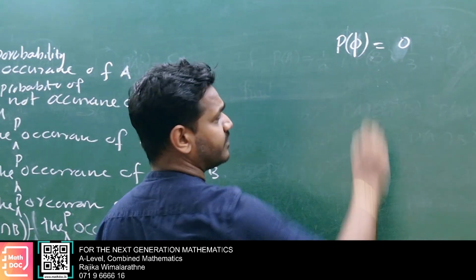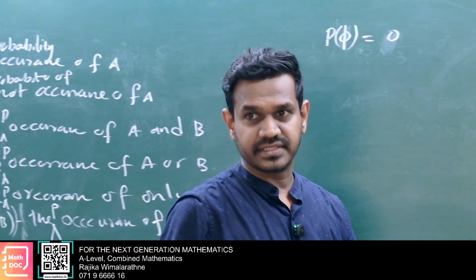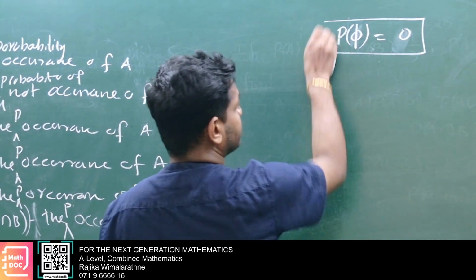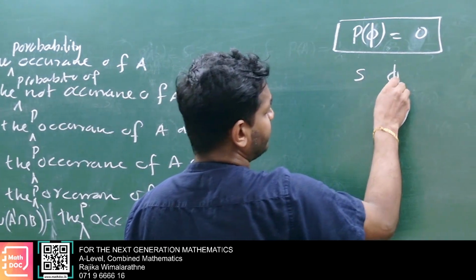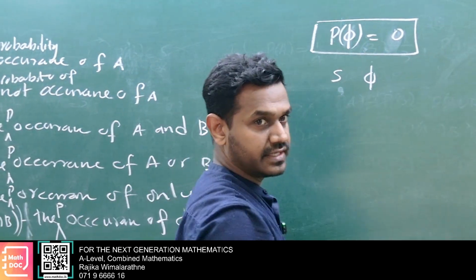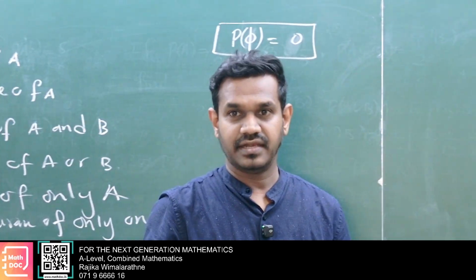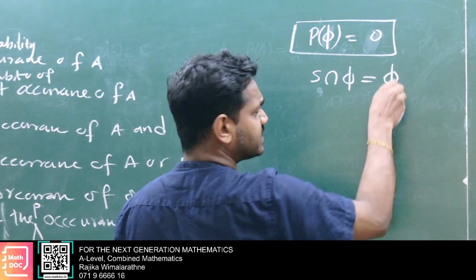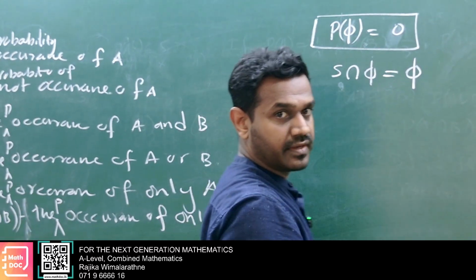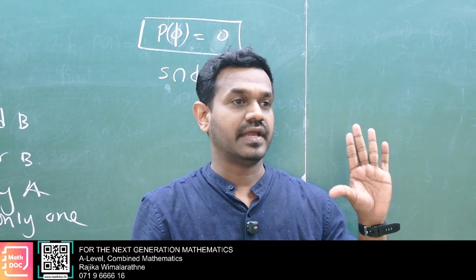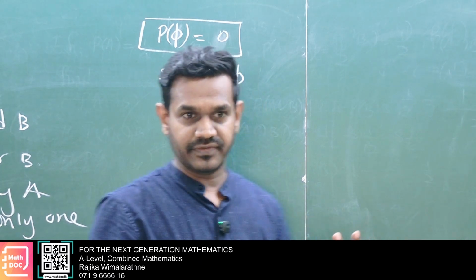Yes, first theorem. Okay, see this one first. You consider S and phi. S means all, phi means null. When you intersect, definitely that is null, no? S and phi, no intersection, no common values.